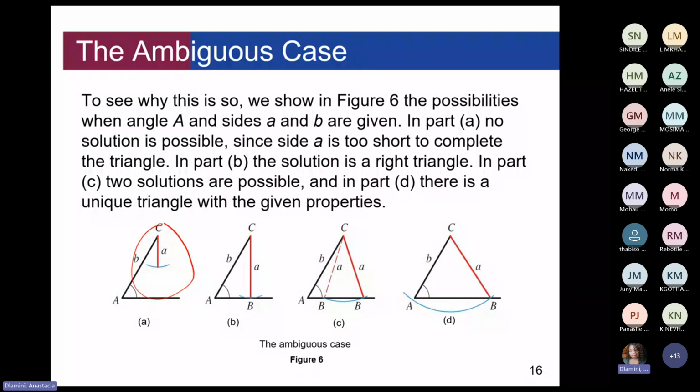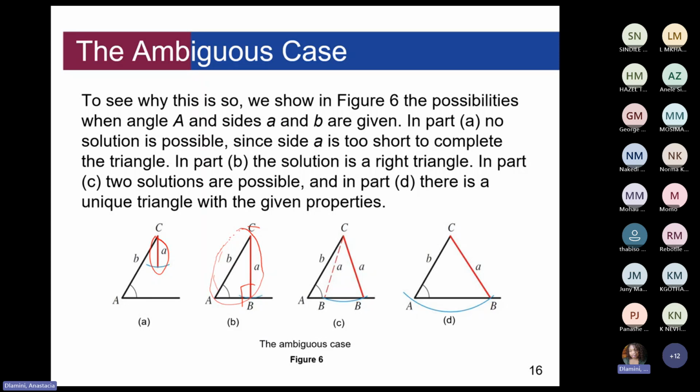Are we all together? Yes or no? So the reason why they're saying the ambiguous case is that you can have this case where one of the sides is very short and not forming a triangle. Do you see that? Then you don't have any solution. Or you can have a solution like B here, where it forms a right angle triangle.